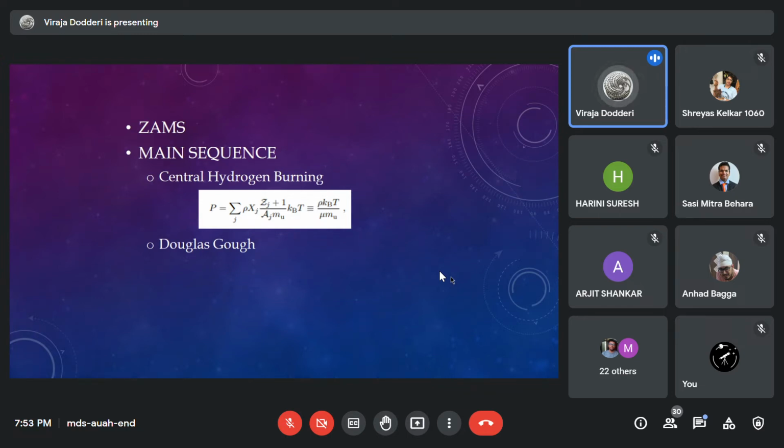And when the temperature increases, the nuclear energy increases, which causes more nuclear reactions to happen, and this just continues on. This is why the main sequence reaction takes place for a very long time. And the luminosity of the star also keeps increasing as the radiative flux of energy increases when temperature increases.